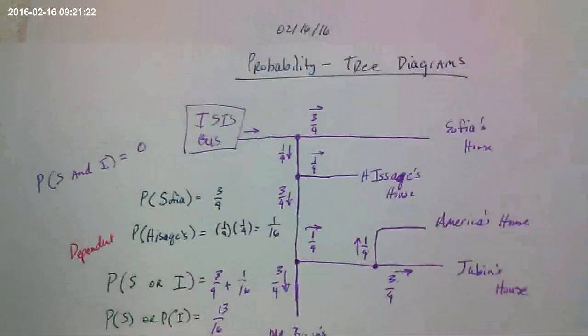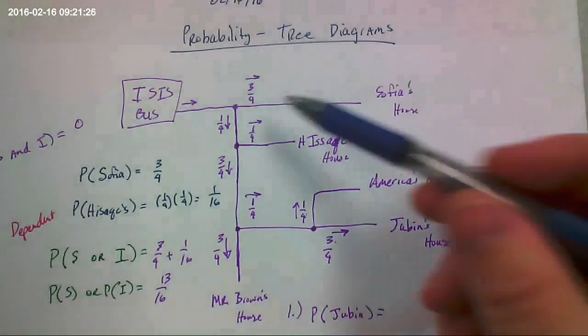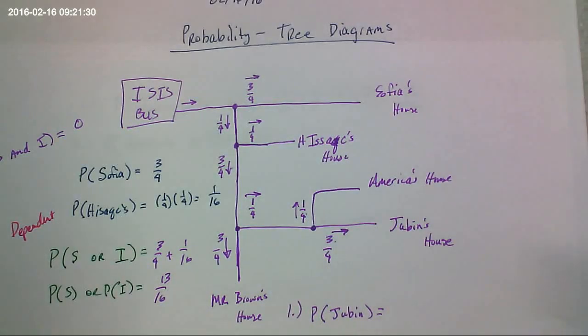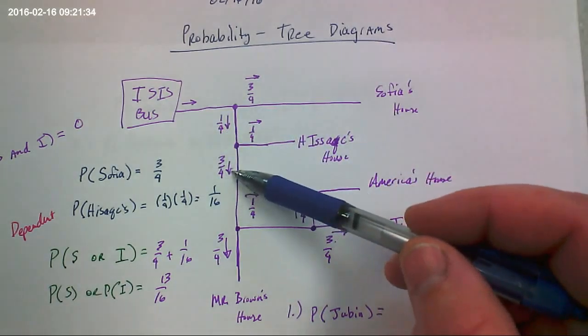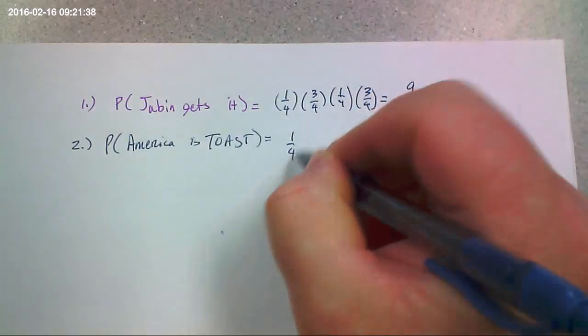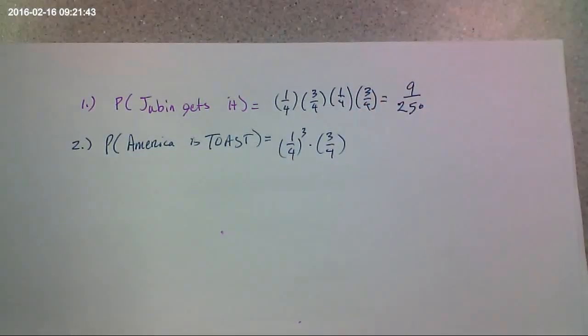Whoa. All right. So, did you guys do this? 1/4 times 3/4 times 1/4 times 1/4? Say again. 1/4 times 3/4 times 1/4 times 1/4. So 1/4 cubed times 3/4. Is that good?